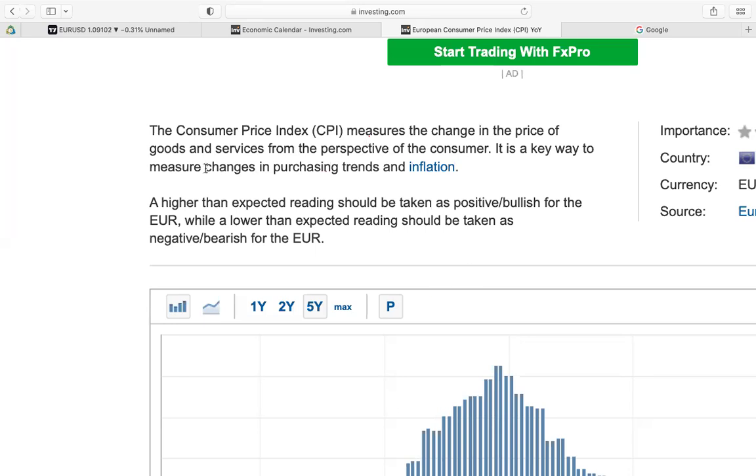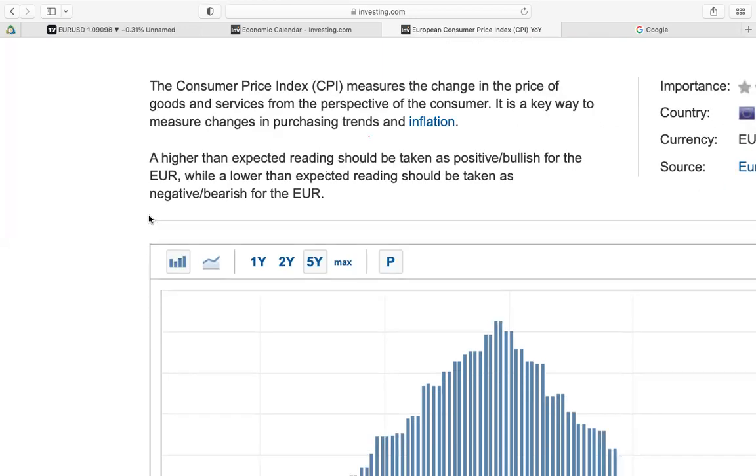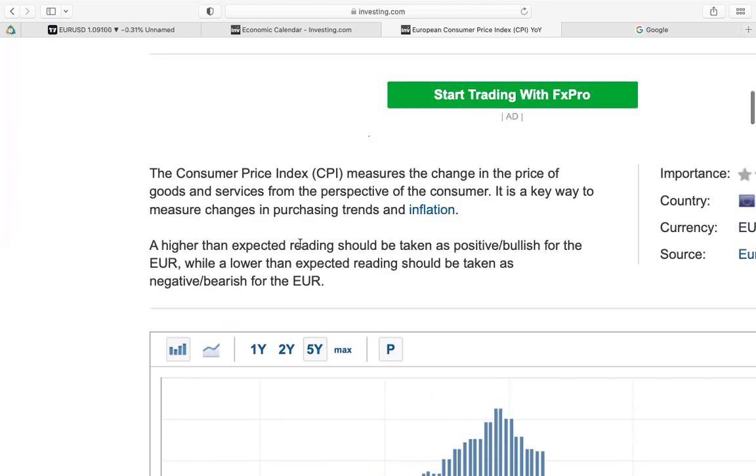Nice. It says a higher than expected reading should be taken as positive or bullish, right? You can say bullish or positive for the euro. What does this statement mean? Is there anyone who can explain this statement to us? A higher than expected reading should be taken as positive, bullish for the euro on CPI.